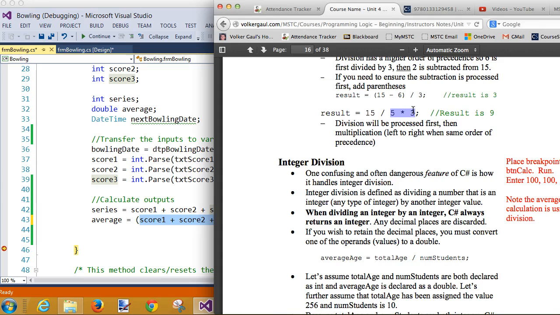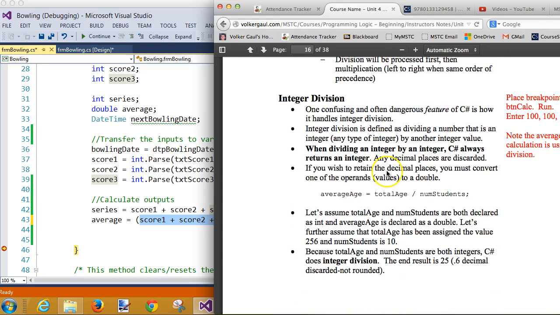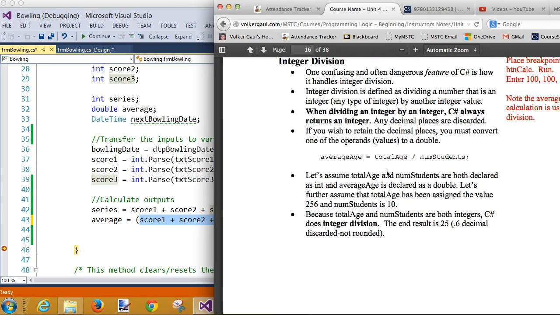Here's a kicker. One confusing, and this is dangerous, happens a lot. That's why we test, why we write test plans so we can anticipate some of this stuff. One confusing feature of C# is how it handles integer division. Integer division means dividing one integer by another. That includes the longs and the bytes and the shorts, not that it matters to us.